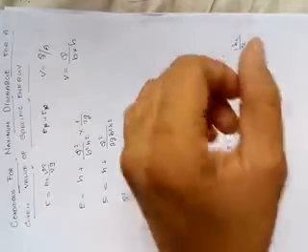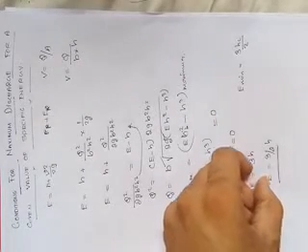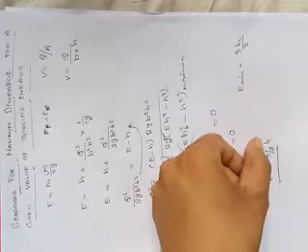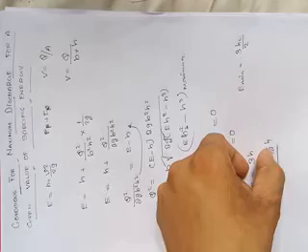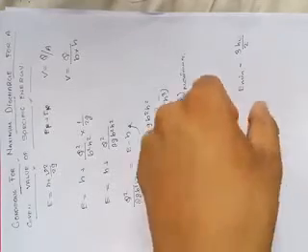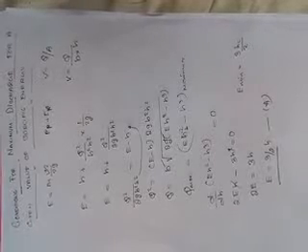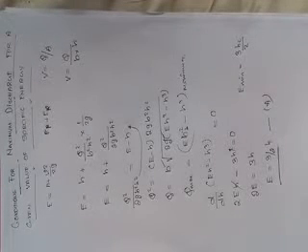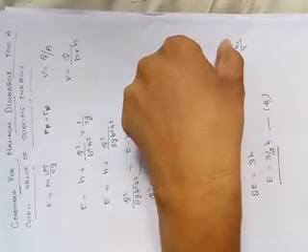So specific energy is minimum when it is equal to 3/2 times the value of critical depth. In this equation, it shows that specific energy E is equal to 3/2 times the flow depth, so it represents the minimum specific energy and H is the critical depth.